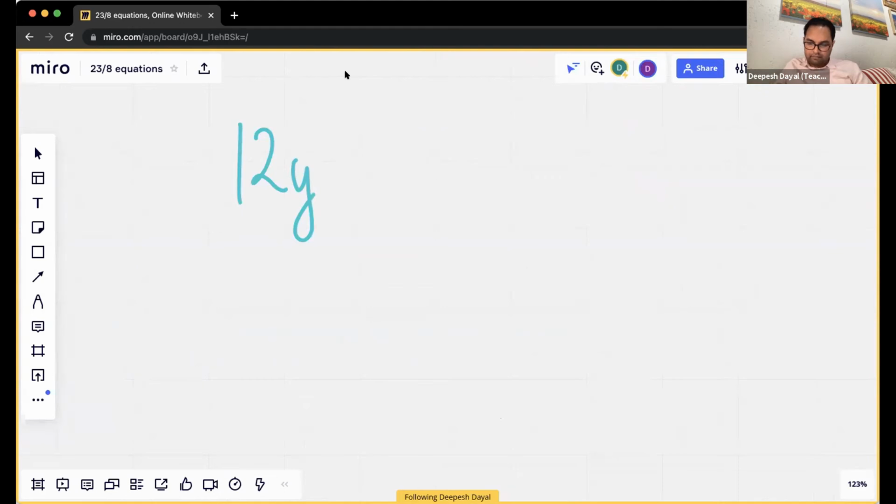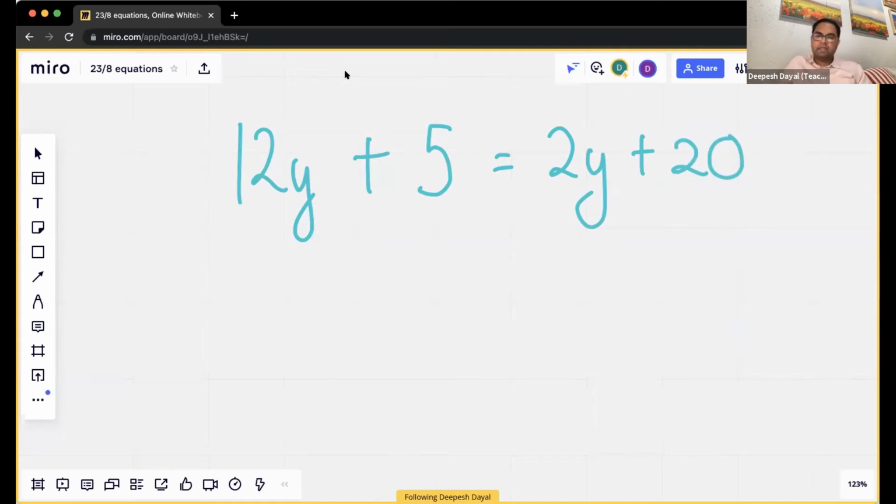12y equals 2y plus 20. Yeah, anybody has an answer?